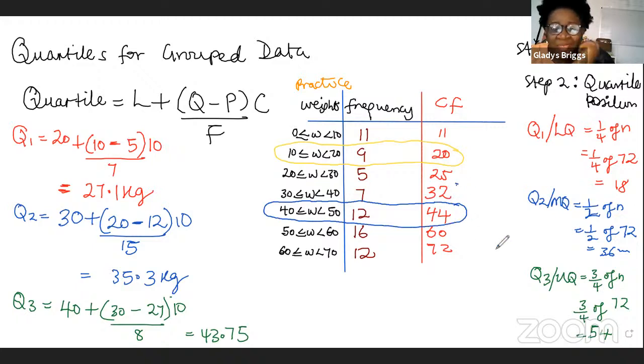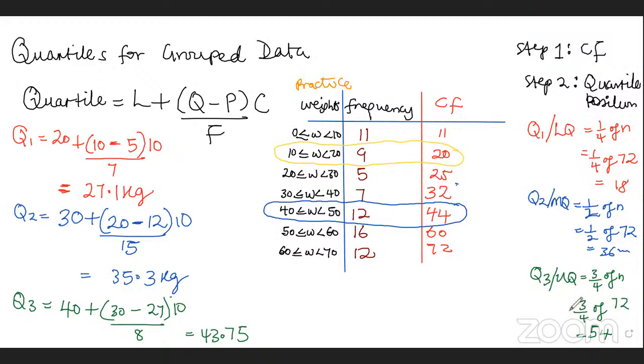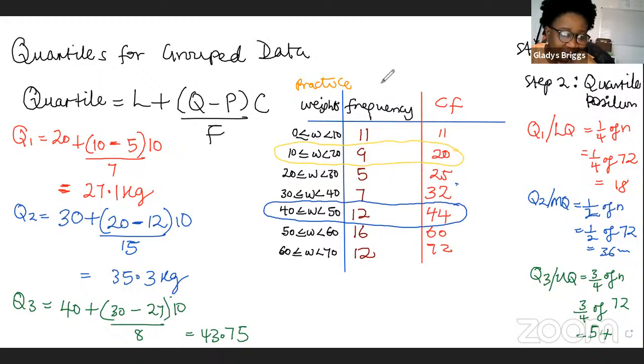This is 32. And the next one is 54. It's in the next one, because this is from 50 to 60. So it's in this one.